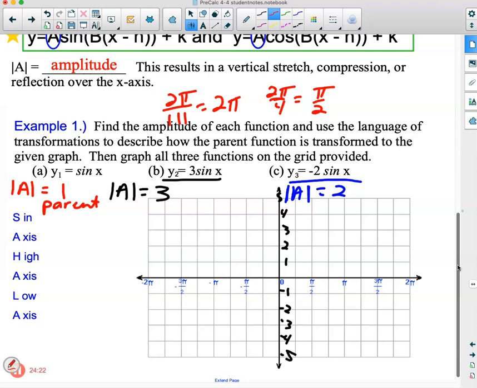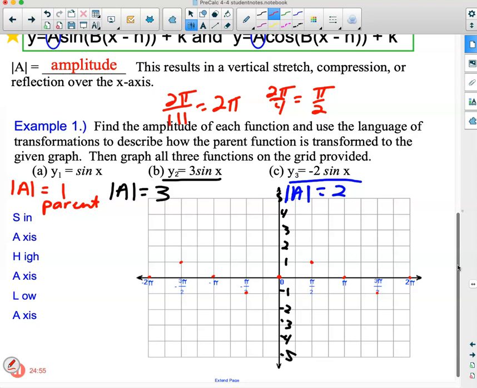So let's start at the beginning with the sine graph, which starts at 0. Axis high, axis low, axis. And then you want to continue that pattern off to the left-hand side, because we don't just want always the positive. We want to see what it would be as we go into the negative x values.